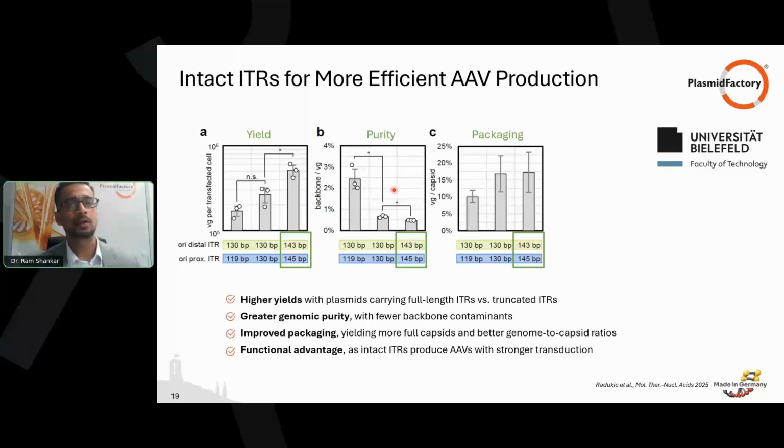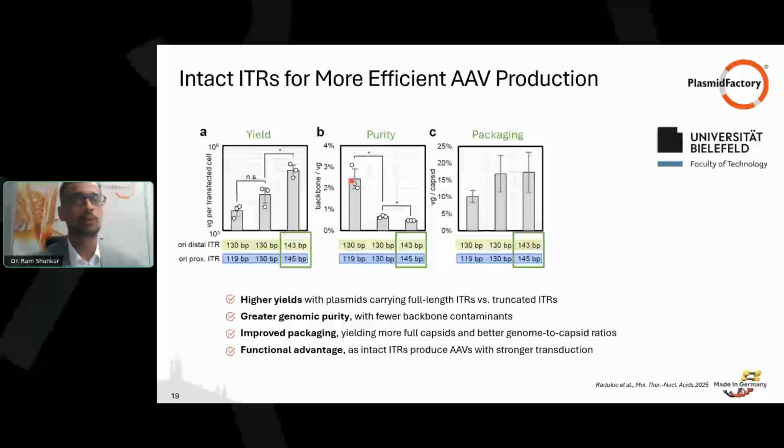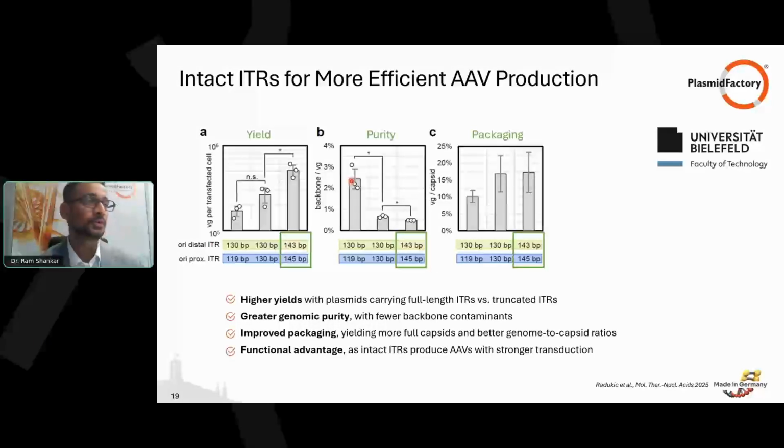So this is measured in terms of the number of backbone sequences that you actually detect. Okay. In the case of your typical plasmid that you would usually find in your AAV transfer plasmid, the one with truncations and deletions, you measure up to about 2.5% of backbone sequence containing particles. This is actually quite high, as I already told you.